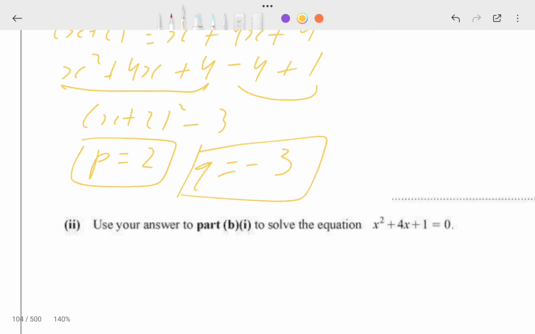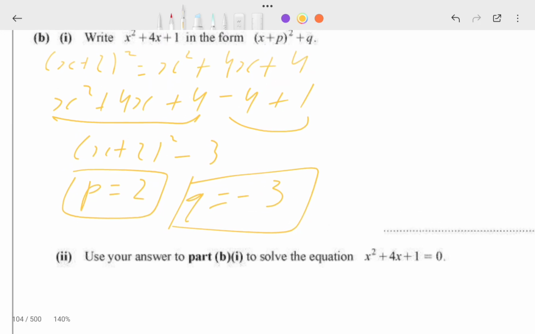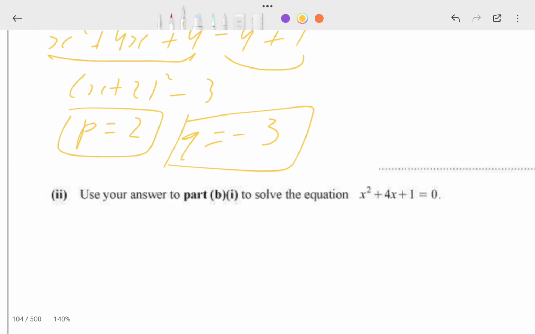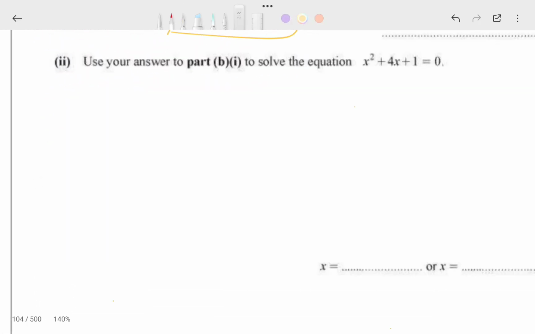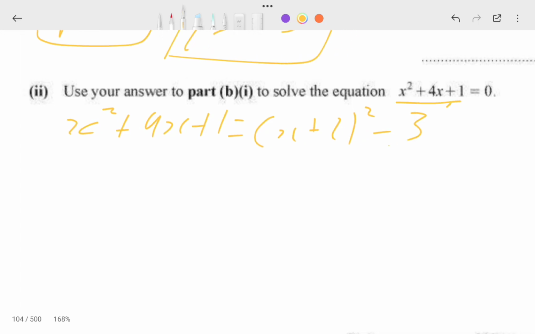Answer. Next part, use your answer to part B I to solve the equation x squared plus 4x plus 1 equals 0. Okay, so we know that x squared plus 4x plus 1 is equal to (x plus 2) squared minus 3. So instead of this we can write this.